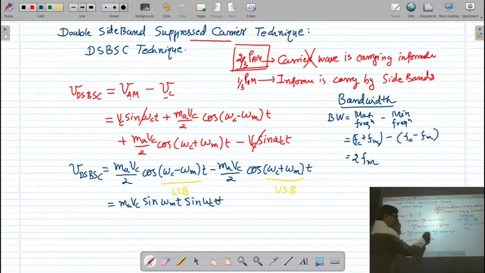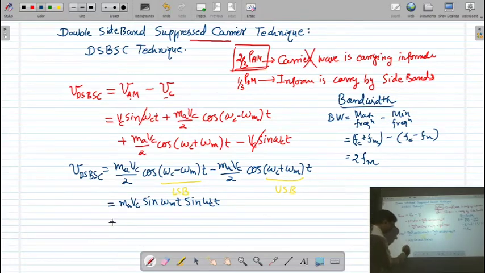Remember, here we apply the trigonometric identity: 2 sin omega mt sin omega ct equals cos(omega c minus omega m)t minus cos(omega c plus omega m)t. So the cos terms equal Ma Vc sin omega mt sin omega ct.